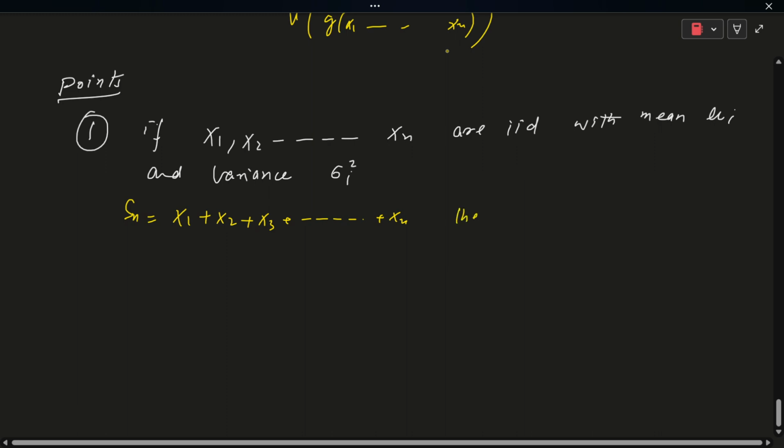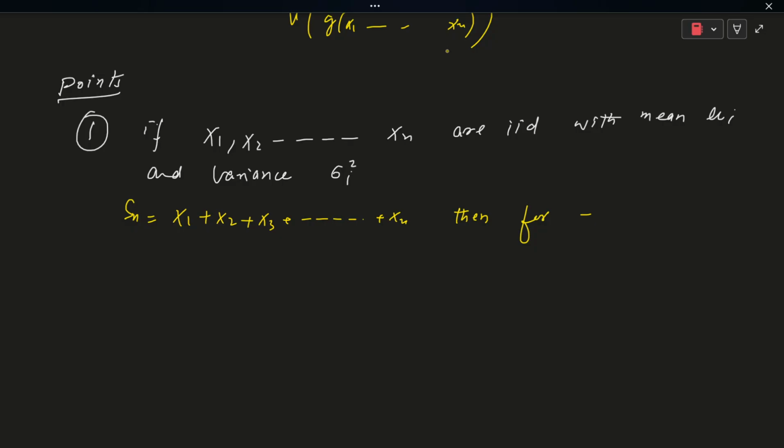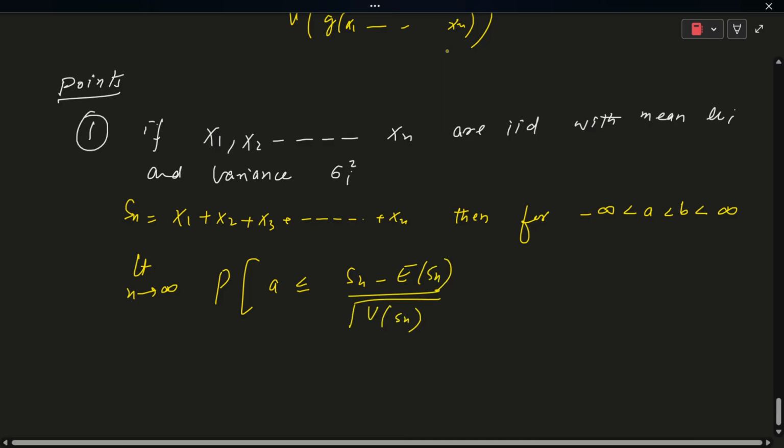Then for the values of a and b that should exist, the limit as n tends to infinity of the probability that (Sn minus expectation of Sn) divided by the square root of variance of Sn, that is the standard deviation, is between a and b, will be equal to the probability that a is less than or equal to Z, less than or equal to b.